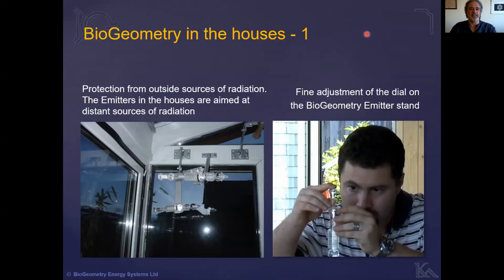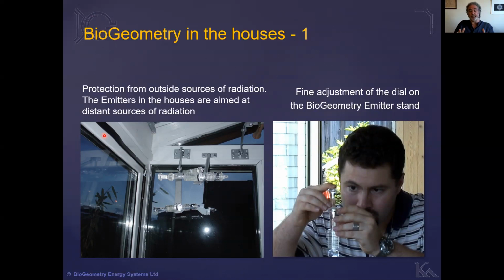More pictures, this time about biogeometry interventions that were done in people's houses with these emitters. Because Dr. Karim found an important principle here. You see, when we're talking about electrosmog and electrosensitivity, sorry, we have to consider it's not one single item that causes this. It is a collective of radiation coming from various sources, what in fact we term as electrosmog.